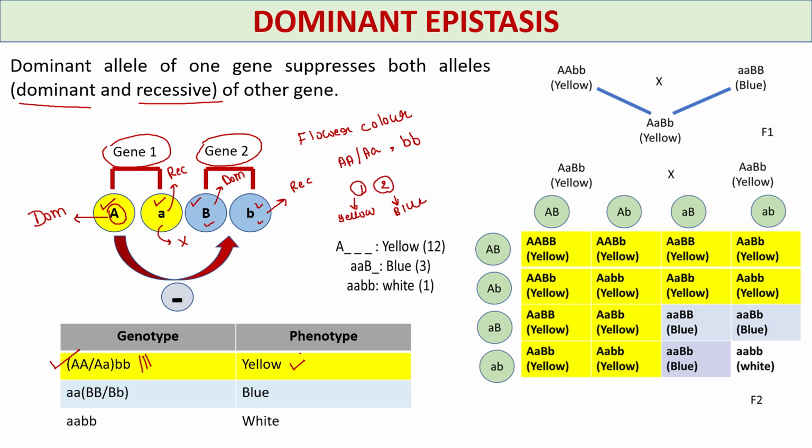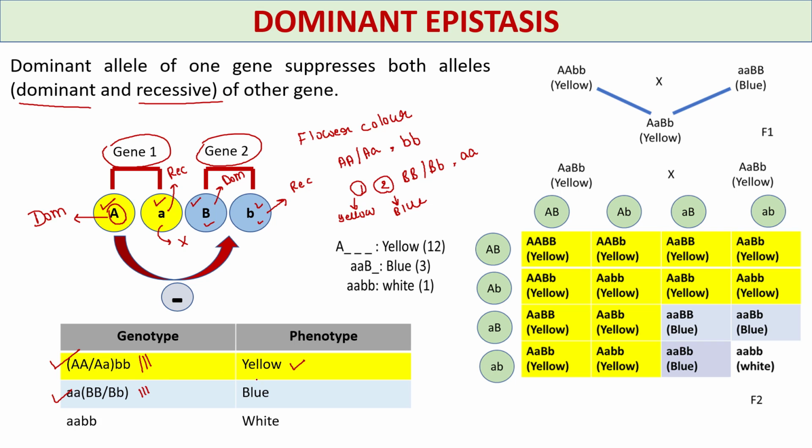Now if gene 2 is expressed alone, that means the genotype would be capital B capital B or capital B small b, and gene 1 is not expressed. So the genotype would be small a small a. So this is the case here.